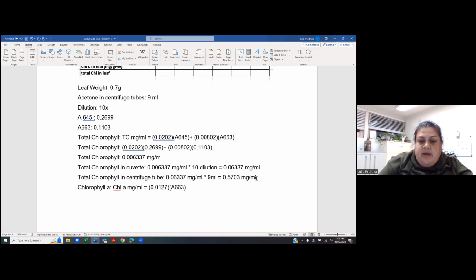Now remember that the A and B are negative or minus, not positive.